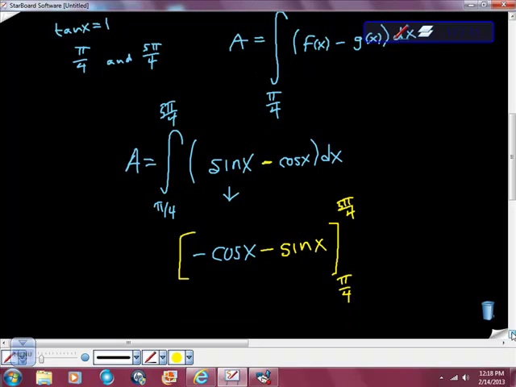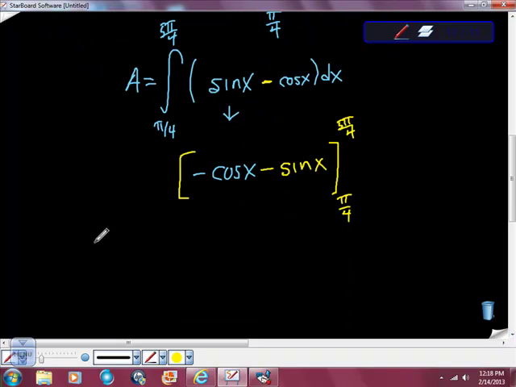Then we're going to tell our AP reader that we intend to use the fundamental theorem of calculus. So I would write to that reader, I'm going to use the fundamental theorem of calculus, and I intend to take f of 5 pi fourths minus f of pi fourths to get my area.